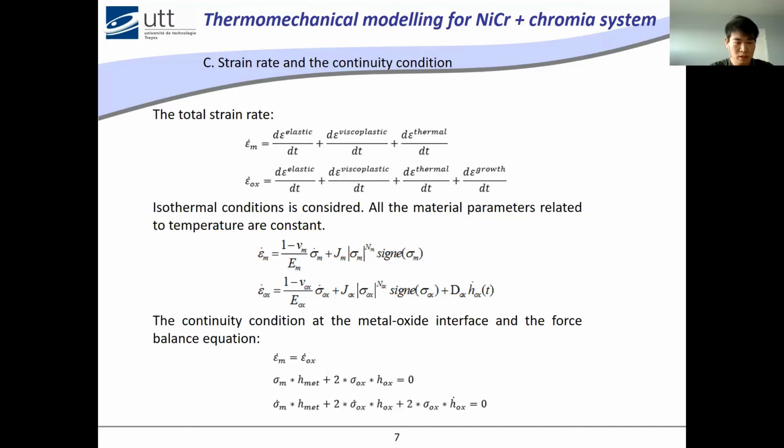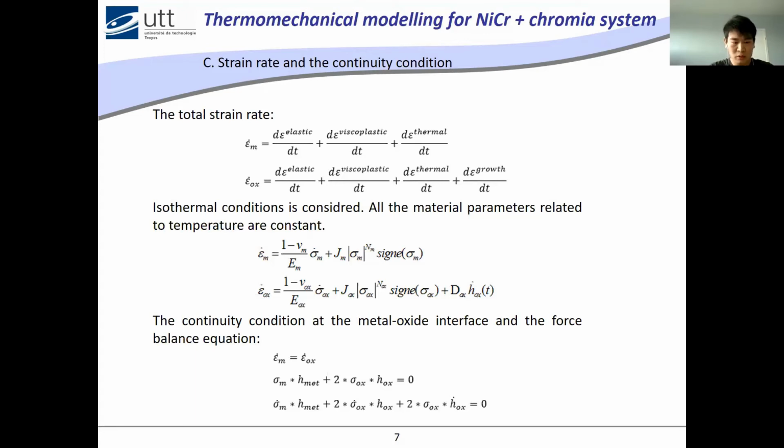An isothermal condition is considered, so all the material parameters related to temperature are constant. We also have the continuity condition at the metal-oxide interface, which gives us that the total strain rate of metal and the total strain rate of oxide are identical.